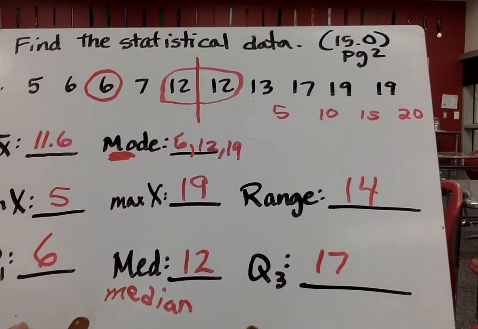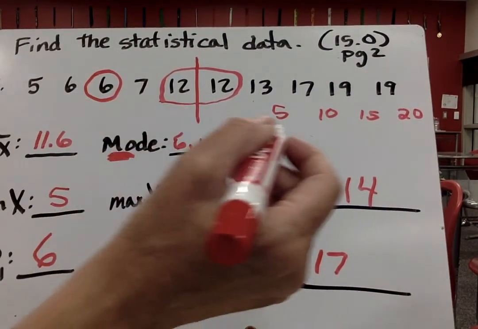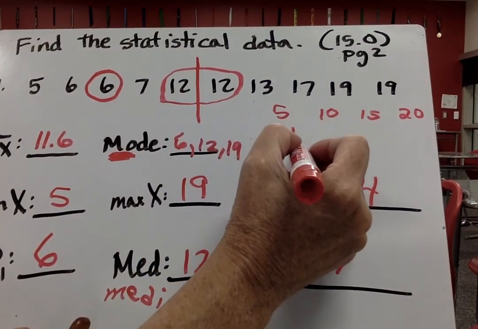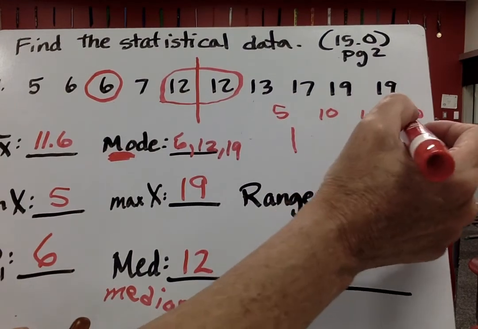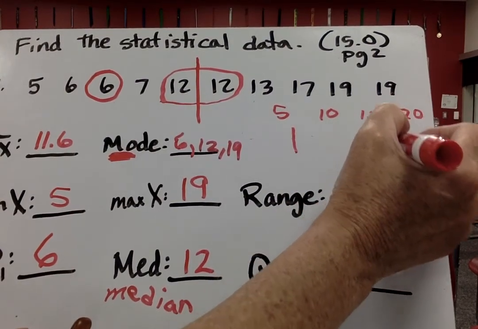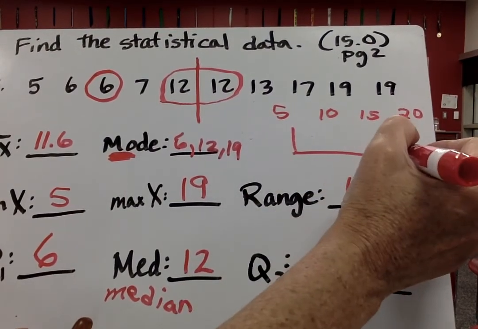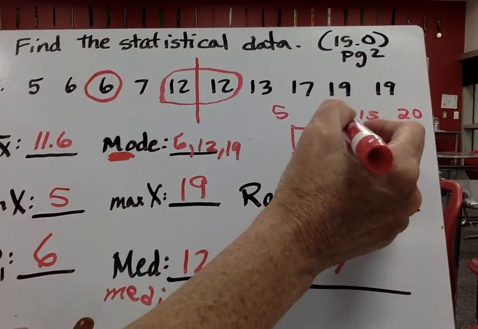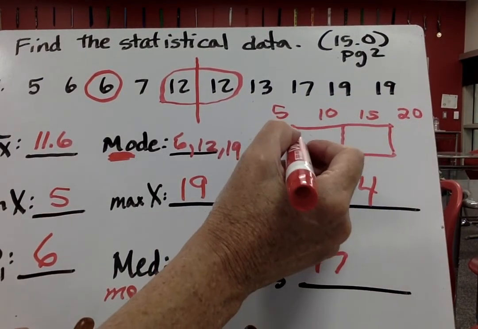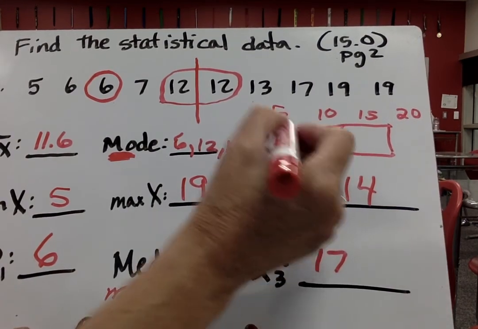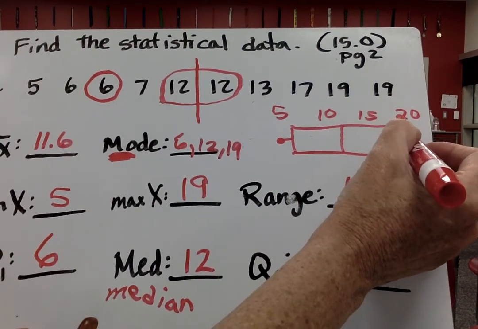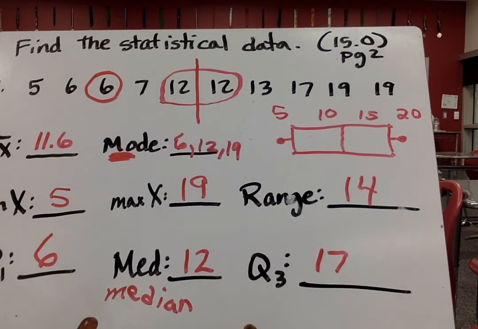So a box and whisker plot, you're going to have the front of the box is going to be quartile 1, so that's going to be at 6. Quartile 3 is at 17. Okay, and we put those together. And then the median is 12 right there. And then this will go to the minimum, and then this will go to the maximum. So there, it's also a way to draw a box and whisker plot, okay?